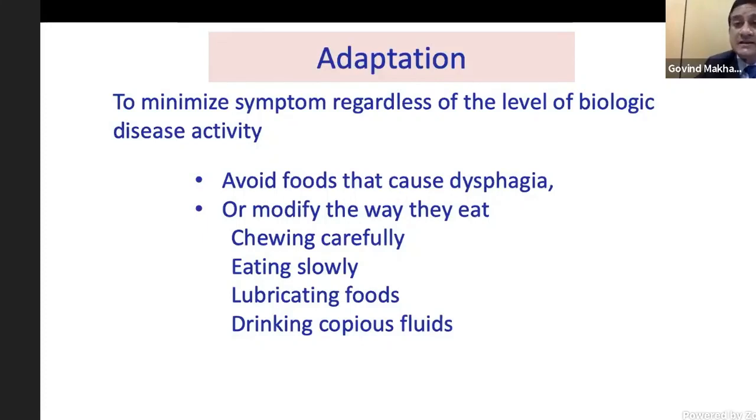They modify their diet. This is how most patients adapt to esophageal dysfunction in the early part of the disease, be it achalasia, esophageal cancer, or eosinophilic esophagitis. In all of these patients, before they come to us, they adapt to the compromised esophageal lumen by changing their diet. Therefore, it's good to ask the question: have you changed your diet? If there is any change in habit, the family can tell us, and if any of these is happening, you can suspect esophageal dysfunction.